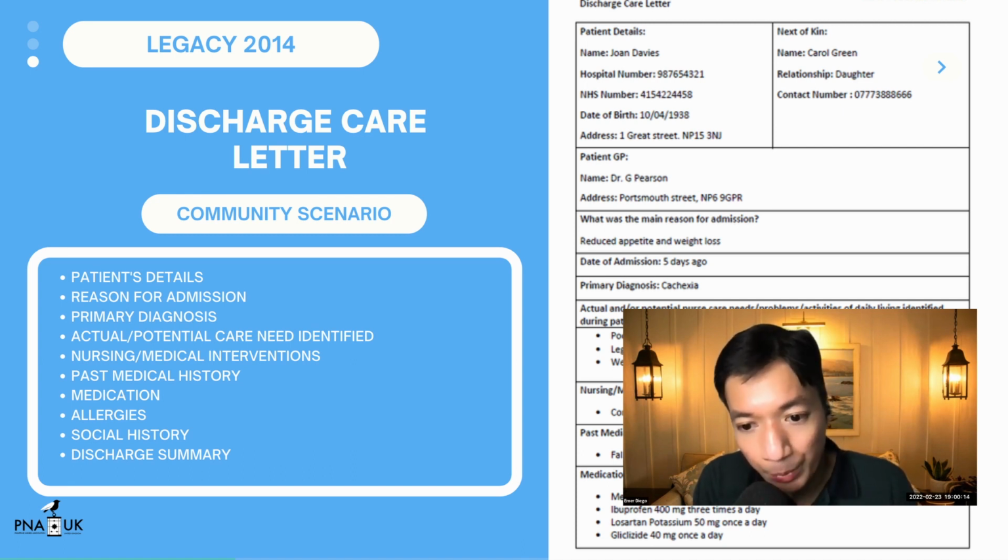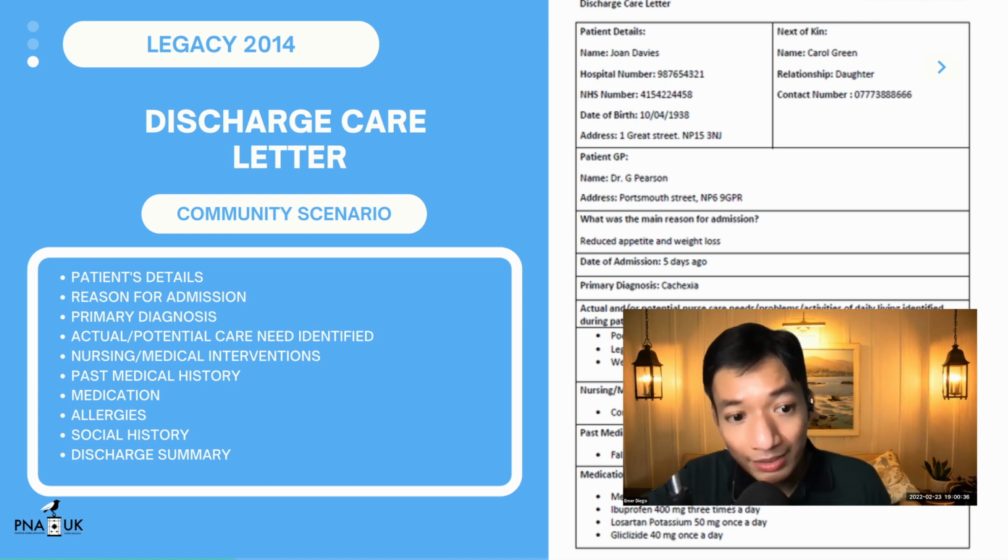If you're having a community scenario, this will be the document. So this is what we call the discharge care letter. This one is pretty easy. It contains the patient's details, the reason for admission, the primary diagnosis, the actual or potential care needs identified, the nursing medical interventions, the past medical history, medications, allergies, social history, and the discharge summary.